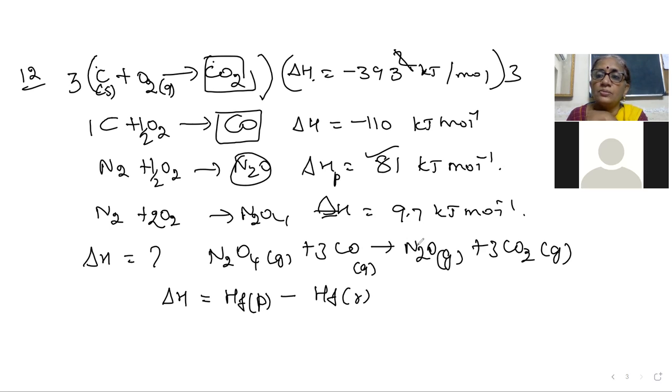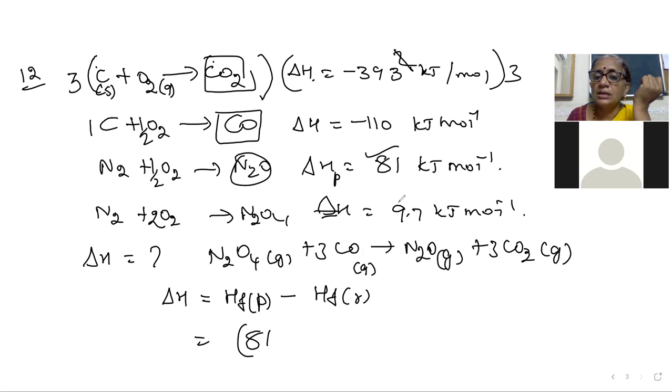So instead of heat of formation of products, what can I write now? Take the enthalpy of formation of N2O. What value is it? 81. So first let us write down the enthalpy of formation of products and add them together, and from that we should subtract the enthalpy of formation of reactants.